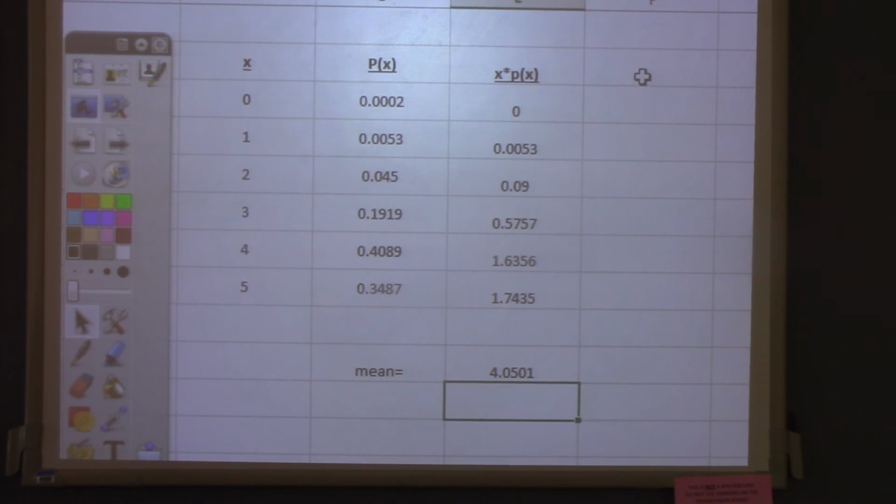Now, what do we need to get the other stuff? Well, we gotta have x what? Squared. X squared. And you can do that in your head, 0, 1, 4, 9, 16, 25, or you can just do it in your spreadsheet.